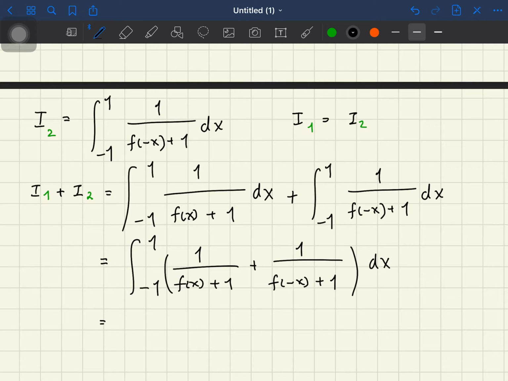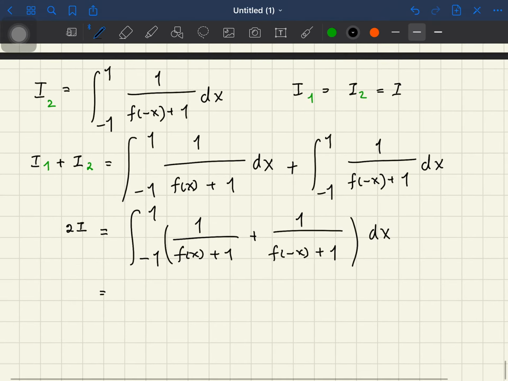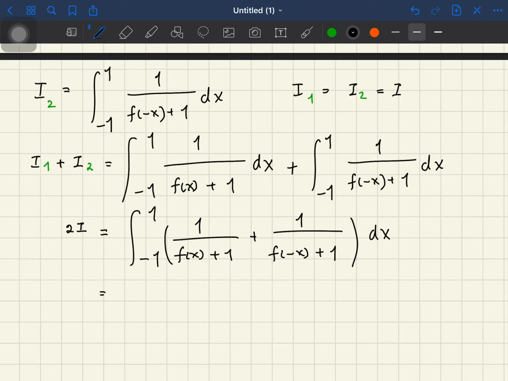Remember that I1 and I2 are equivalent to each other, so we can just call it I, and then I1 plus I2 is nothing but 2I. So 2I equals this compound fraction, and then you will have to make it into a single fraction.